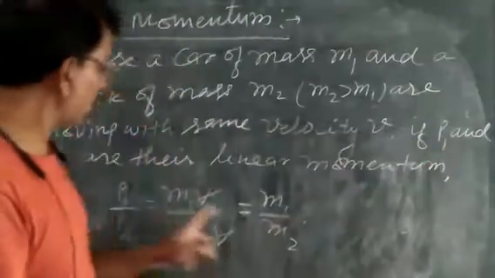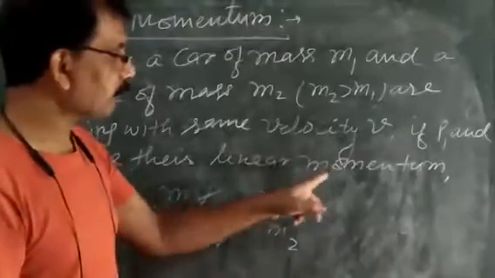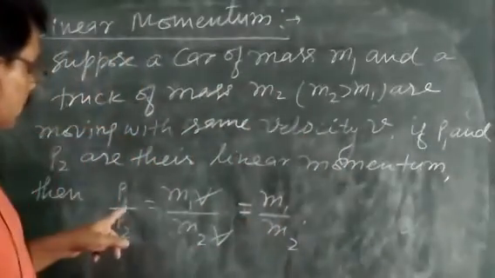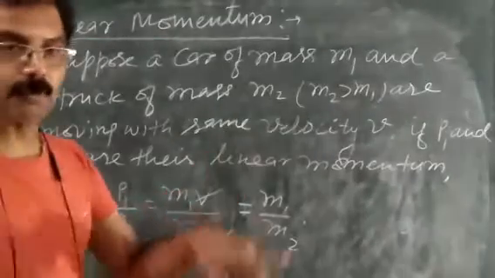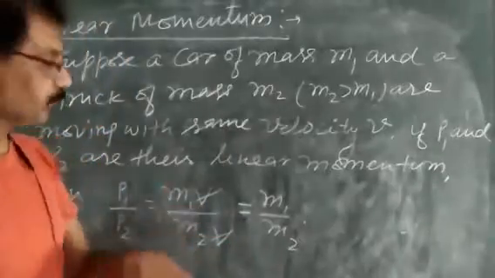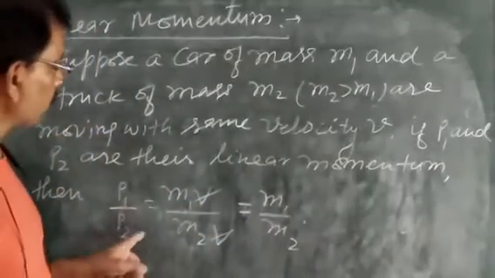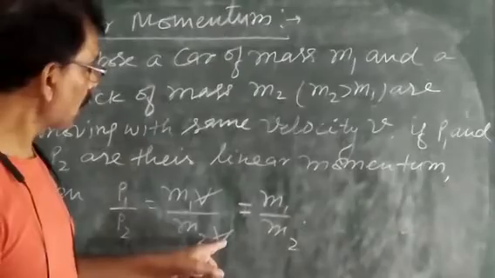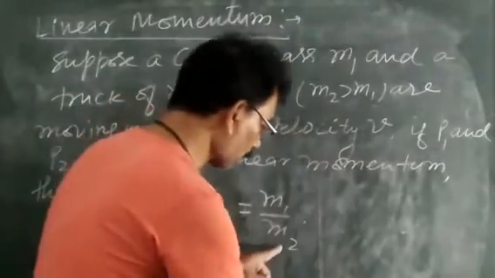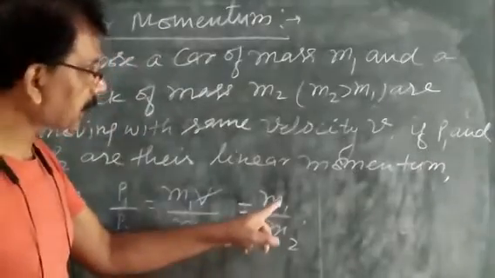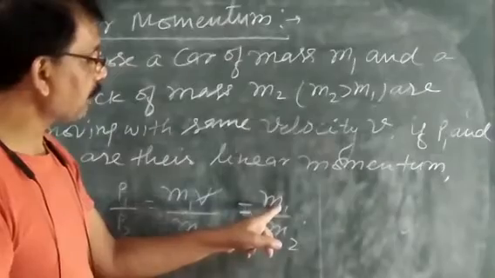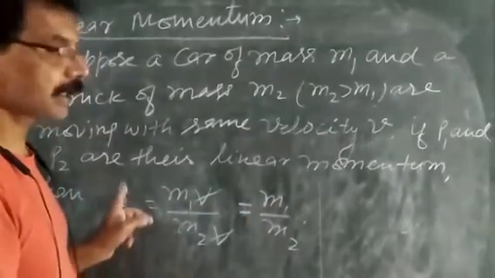If p1 and p2 are the linear momentum of car and truck, then linear momentum of car p1 is equal to m1 v and linear momentum of truck is m2 v, and their ratio, p1 upon p2 is equal to m1 v upon m2 v, or simply p1 upon p2 is equal to m1 upon m2. Now you see, since m2 is greater than m1, you can say p2 is greater than p1.